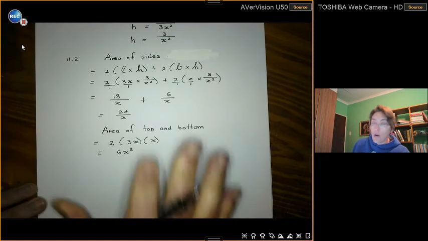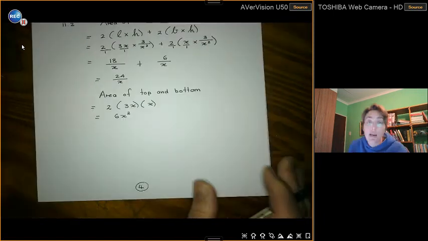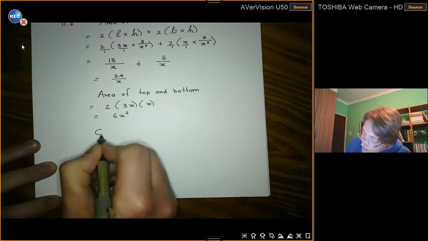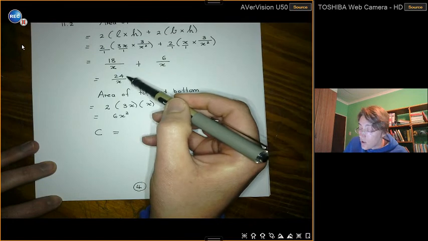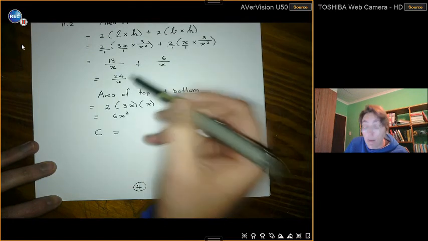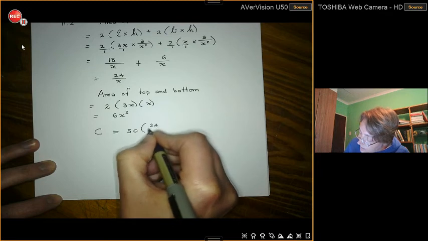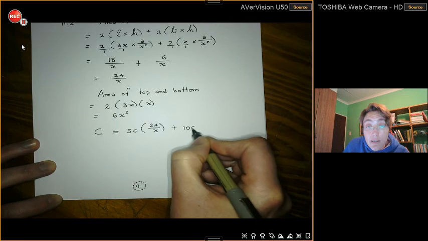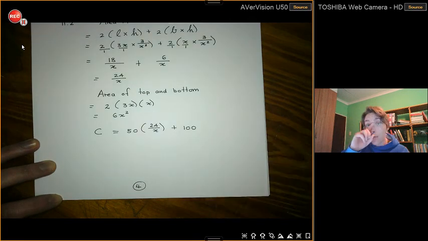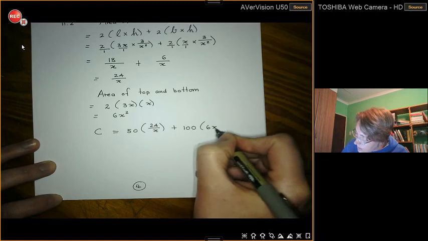Now, we are not done, because obviously what they wanted us to calculate is they wanted us to calculate the cost. So the cost specifically is going to be equal to 50 times the area of the sides, because they told me that the sides cost 50 Rand per square meter, so that's 50 times that 24 over x, plus then 100, because they said it costs 100 Rand per square meter for the top and the bottom, so that's going to be equal to 100 times 6x squared.